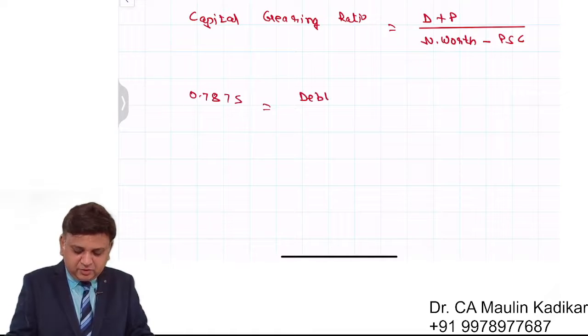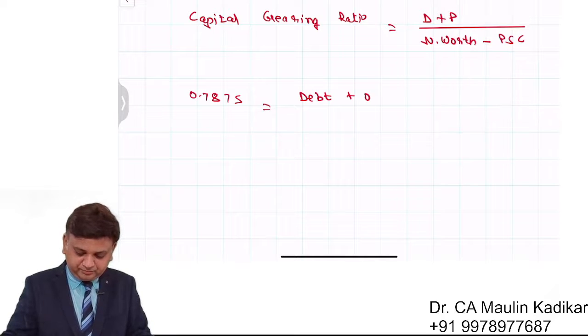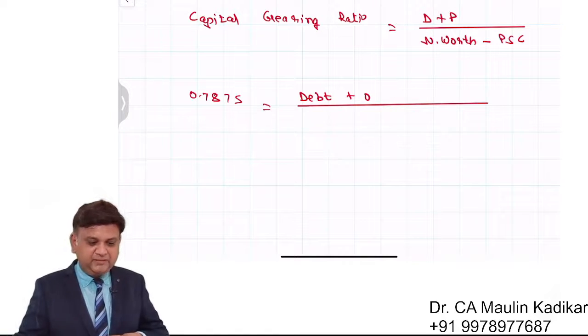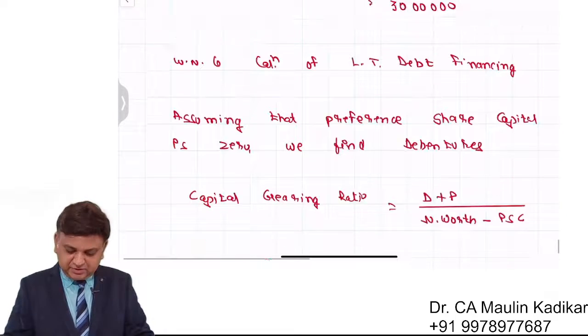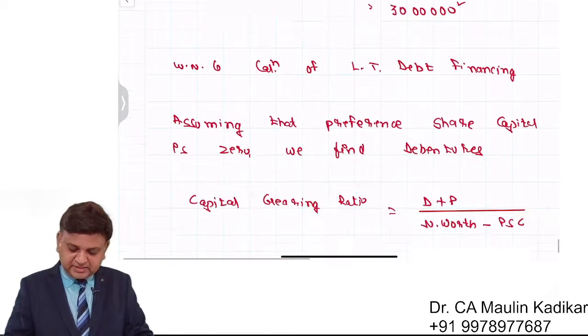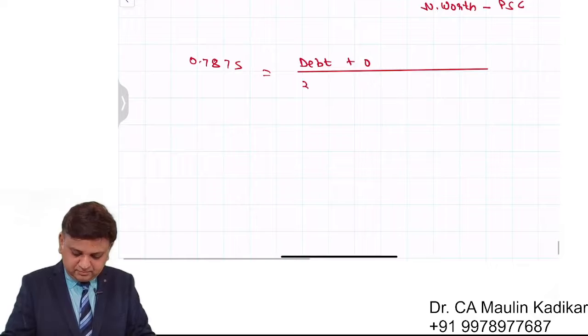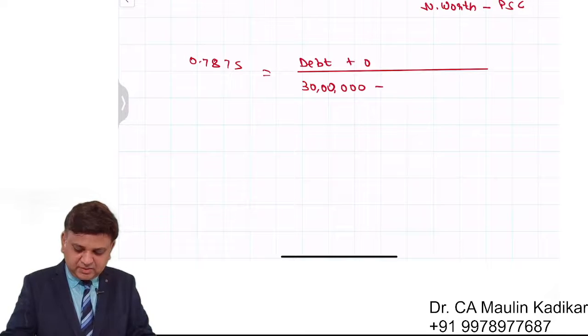What is the debt? We do not know. Preferential capital is 0, divided by the amount of the net worth, which is 30 lakhs, minus preferential capital, again 0.